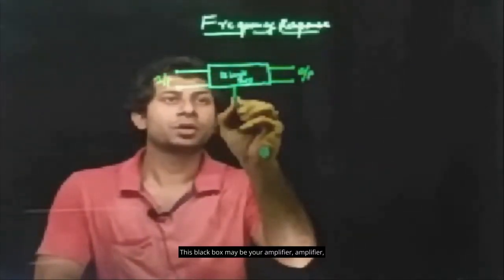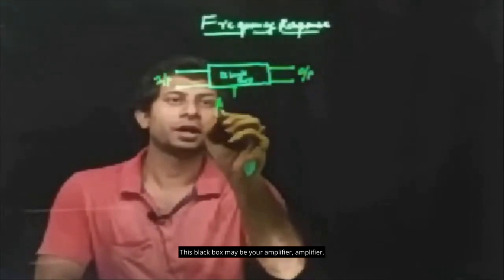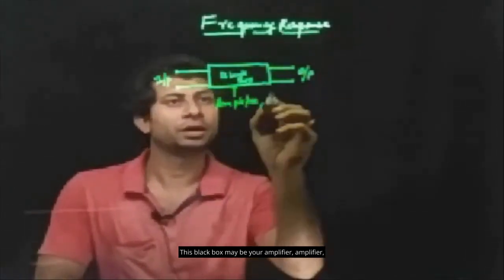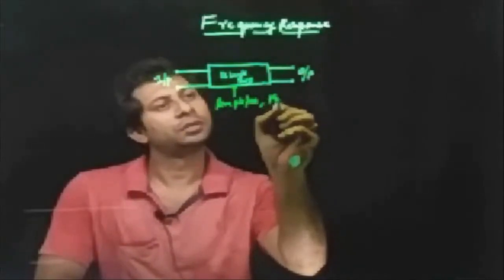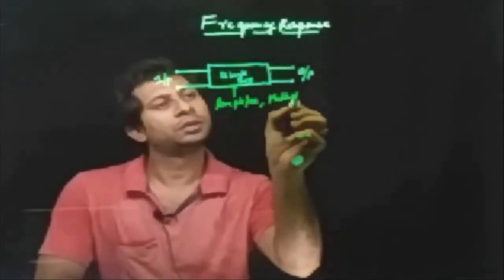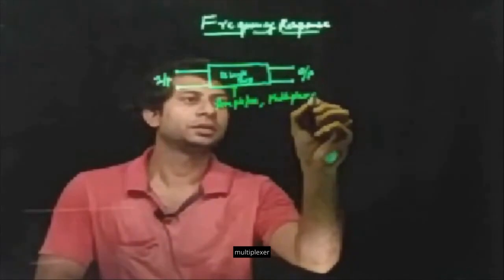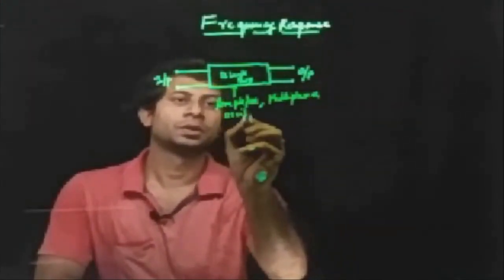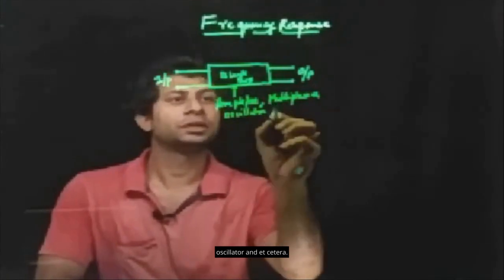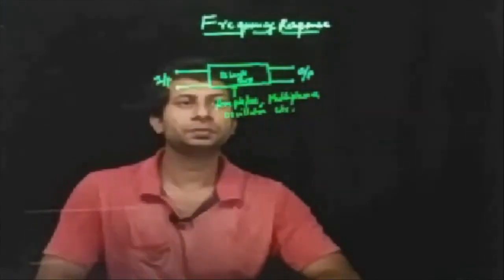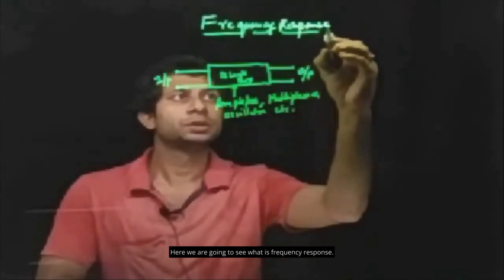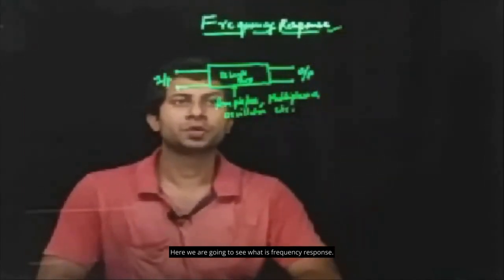This black box may be your amplifier, multiplexer, oscillator, etc. Here we are going to see what is frequency response.